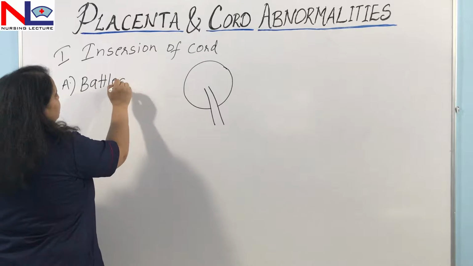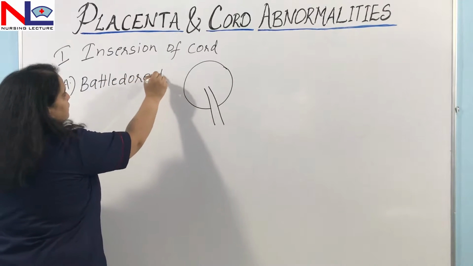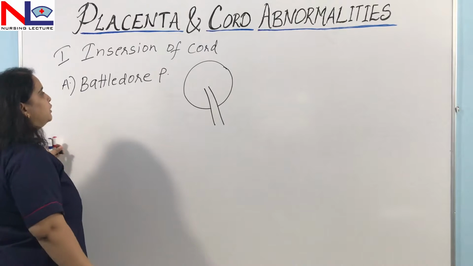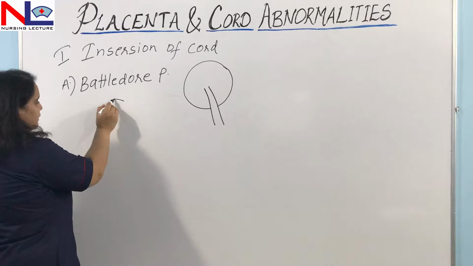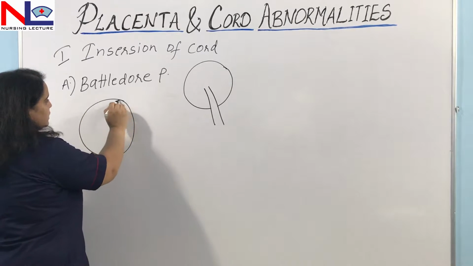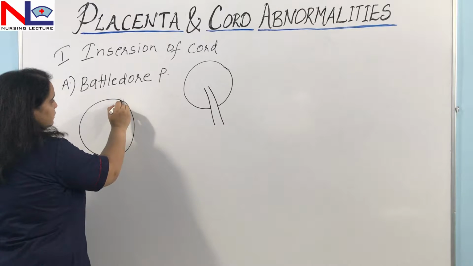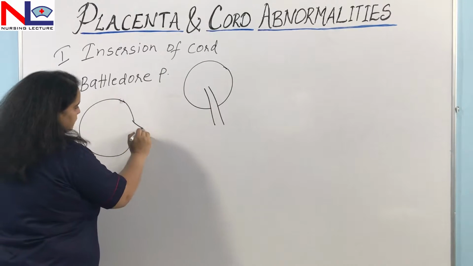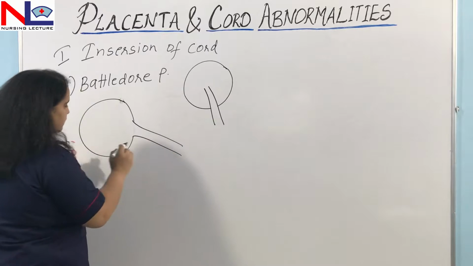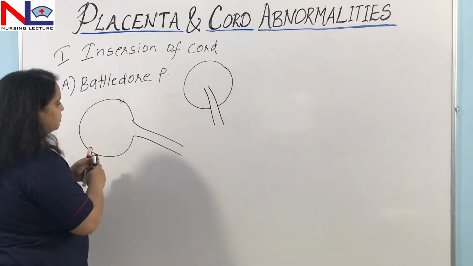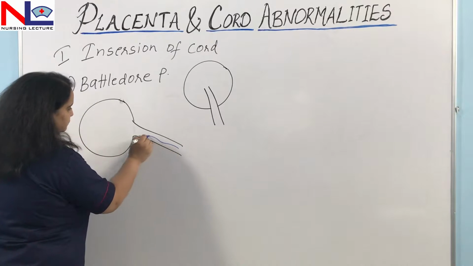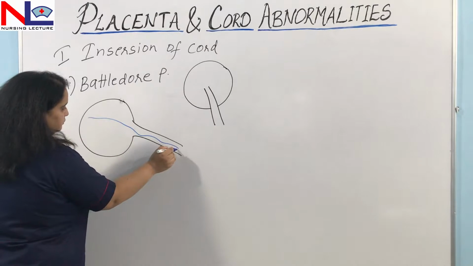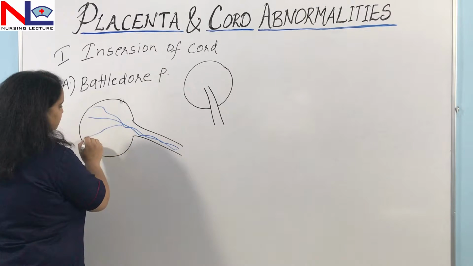the battledore placenta, and in this battledore anomaly what is happening? The cord is inserted from the margin of the placenta, like a bat. So what is happening in the bat?